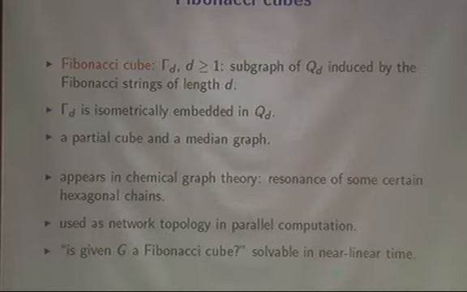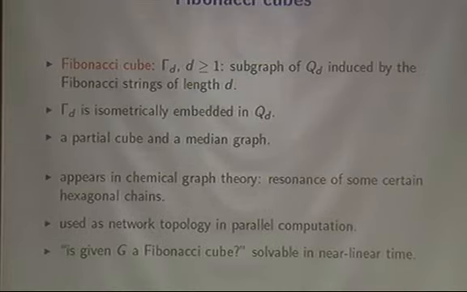A median graph has a strong property that you would like all your graphs to have, but typically they don't. What it means is whenever you take 3 vertices in the graph, you look at the shortest path between all pairs.